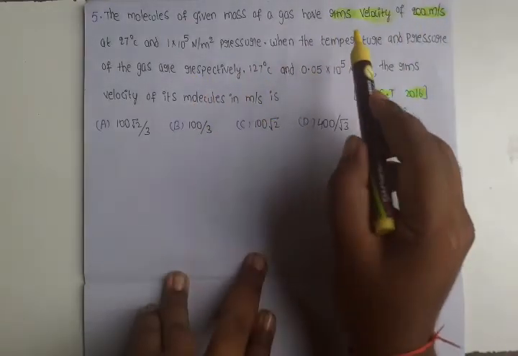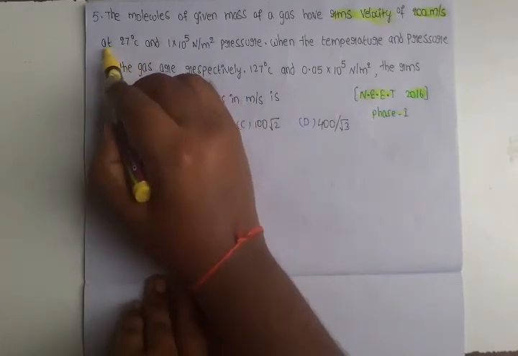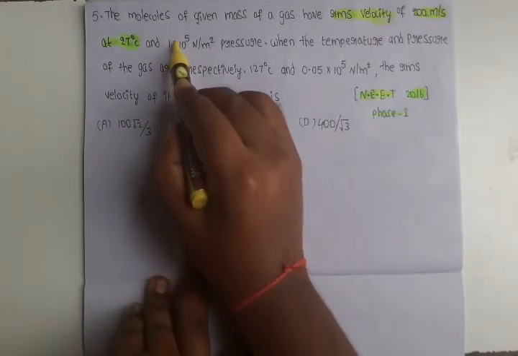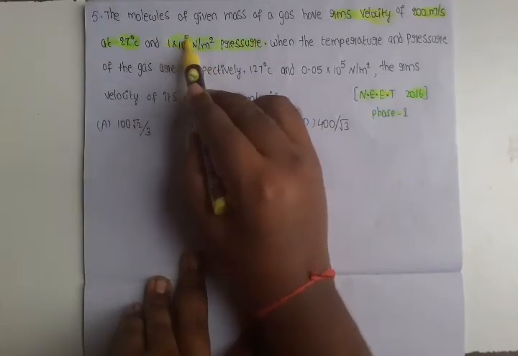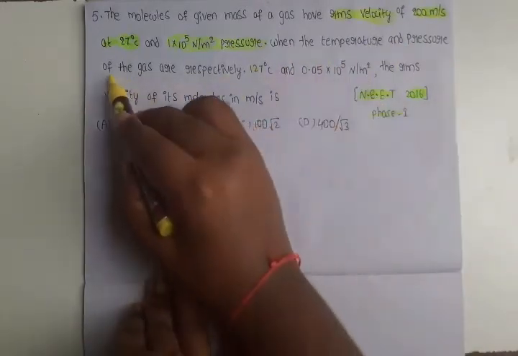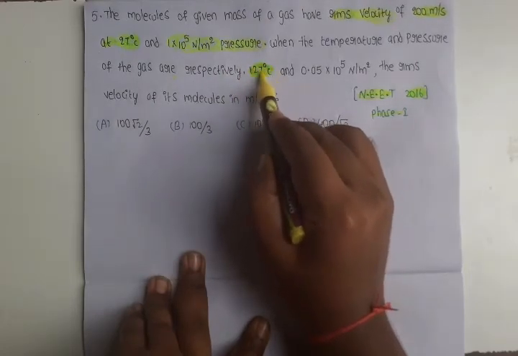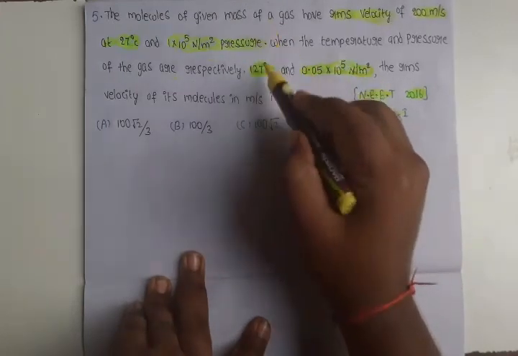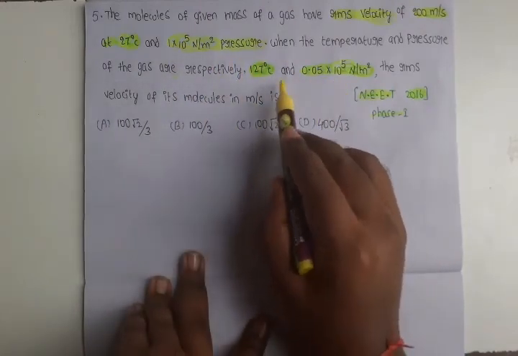Here RMS velocity is given, that is 200 meter per second, at temperature 27 degrees centigrade and pressure P equal to 1 into 10 to the power 5 Newton per meter square. Then the temperature and pressure of the gas are respectively changed; this is the second temperature and this is the pressure. The gas is the same but the temperature and pressure values are different.